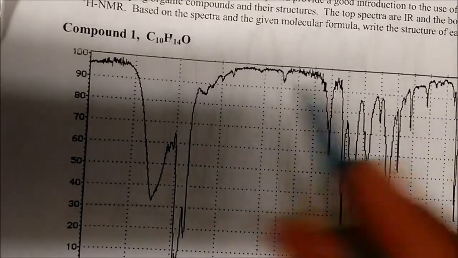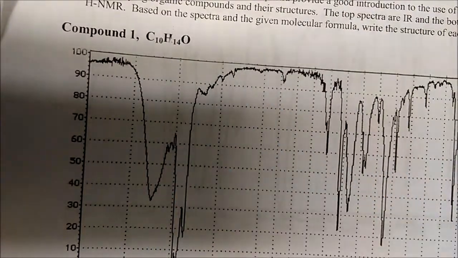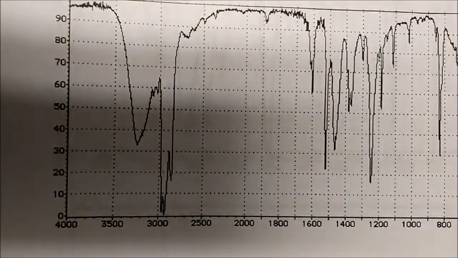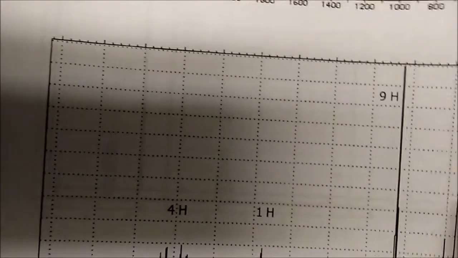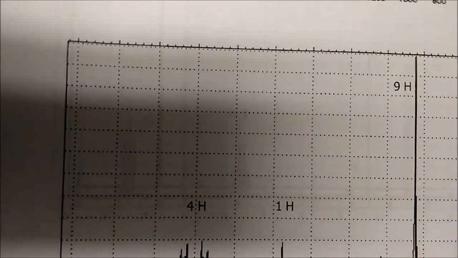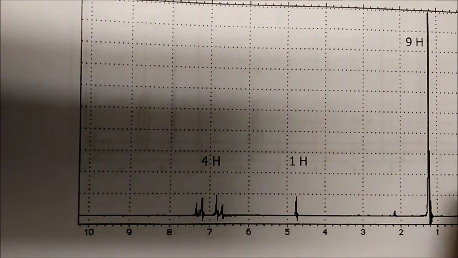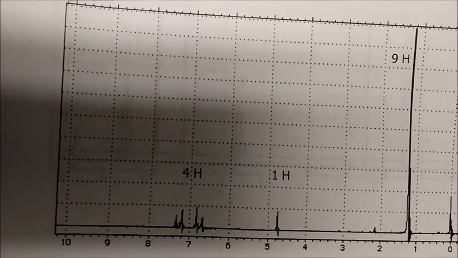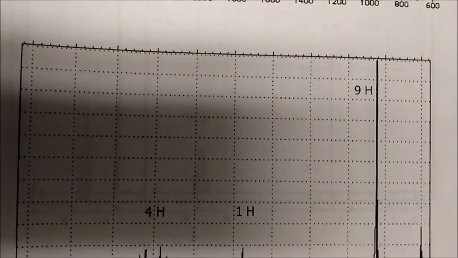So here we're given the molecular formula C10H14O, and we're given the IR spectrum, but also the most powerful tool in spectroscopy, the NMR spectrum. I'm not going to focus too much on the IR spectrum, but we'll come back to it for a sensible conclusion.